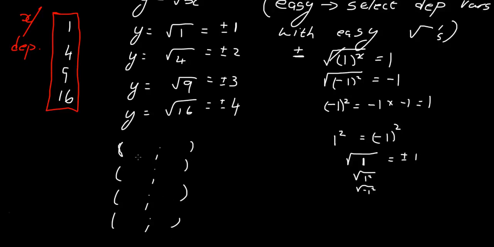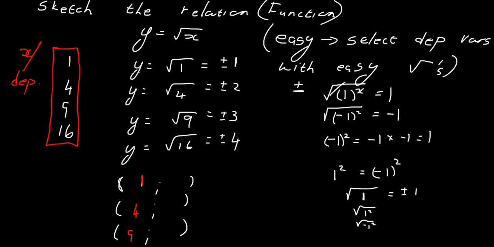Okay, our dependent variables were over here: 1, I'm going to do that in red, 1, 4, 9, 16. So then ask yourself, what y value did x equals 1 generate? That value, you plug it into our relation or our function, and we get the square root of 1 equals plus minus 1.